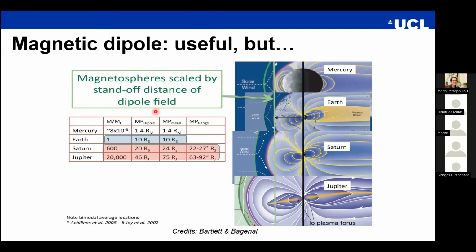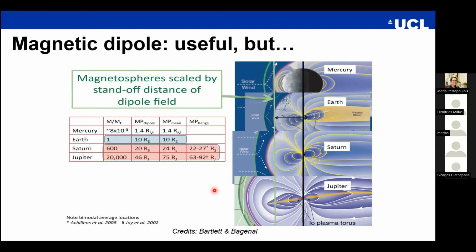If you assume that the magnetic field of Jupiter is a very nice dipole, you will predict a location of the magnetopause at 46 planetary radii, but on average, the magnetopause of Jupiter is at 75. So our prediction is quite wrong. And this is also shown by this green line. You see, for Mercury and the Earth, we're doing quite a good job, but that's it.